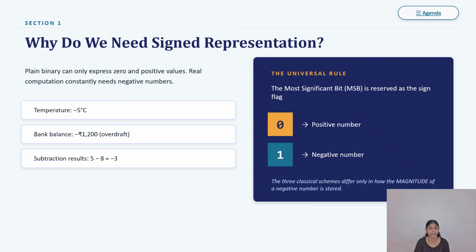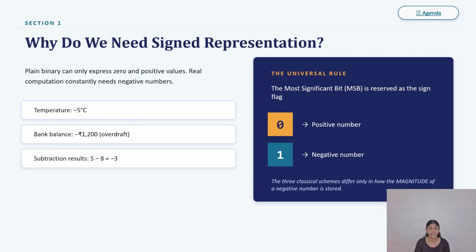The first example, I represented the temperature. In cold countries, the temperature is below 0 degrees. At that time, we used to represent it as minus 5 degrees Celsius, or negative temperatures. In this scenario, it is a must that we use signed numbers.